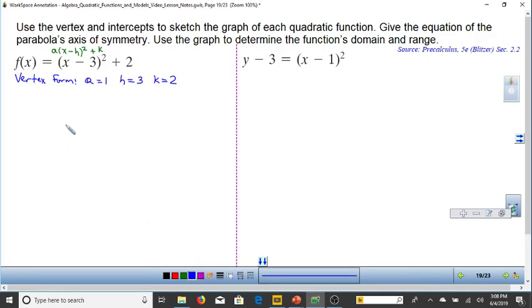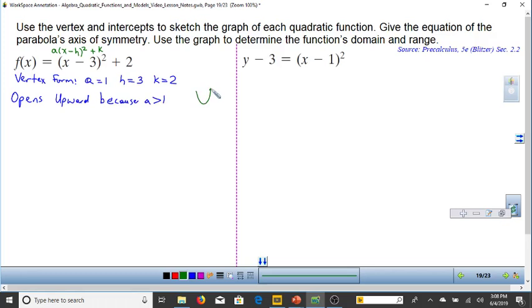Now, since the graph already is in vertex form, we don't need to do much work. We just have to analyze what we have. So right away, we see that since a is a positive number, the graph opens upward. And because the graph opens upward, then we know that we have a minimum value for the graph. What I would recommend you do is, since you know the graph opens upward, just do a little rough sketch of what that will look like.